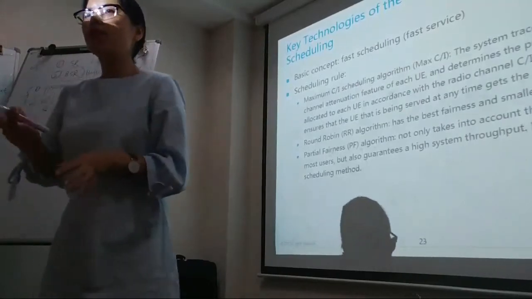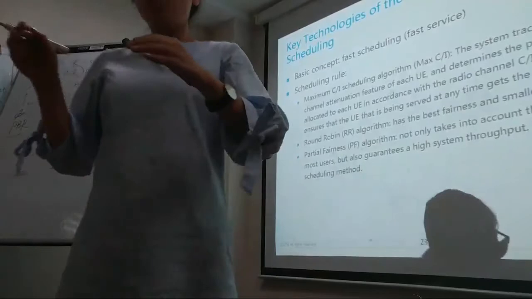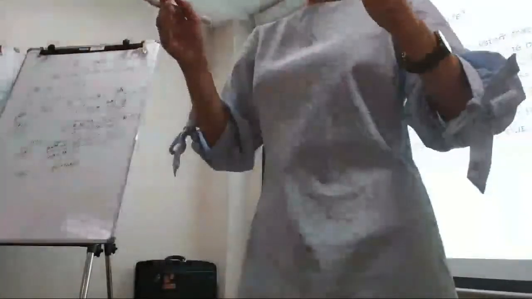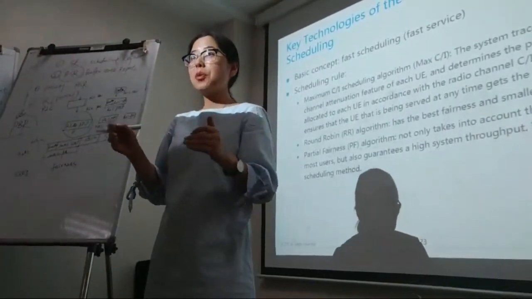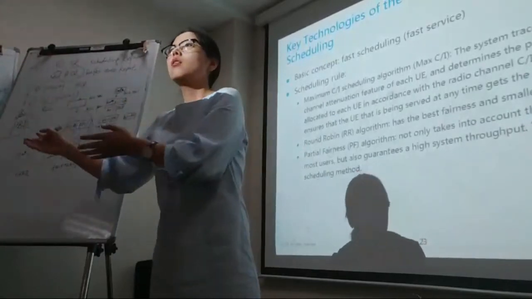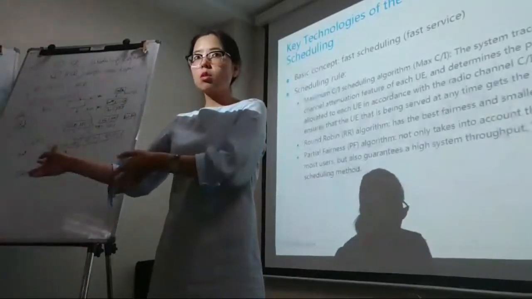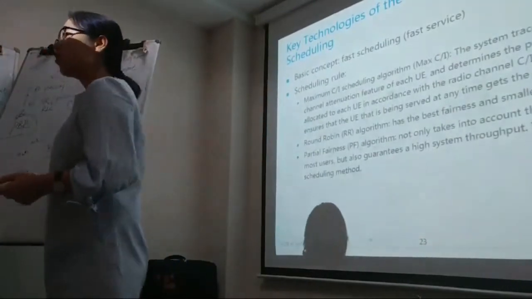How to consider the fairness? For example, if somebody already has service, sometimes they have already generated some data volume. So I need to consider other people who haven't transmitted data, right? So that is fairness.